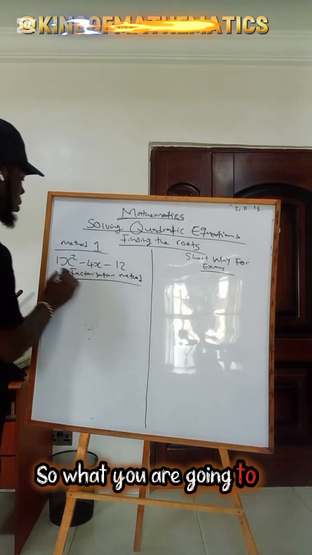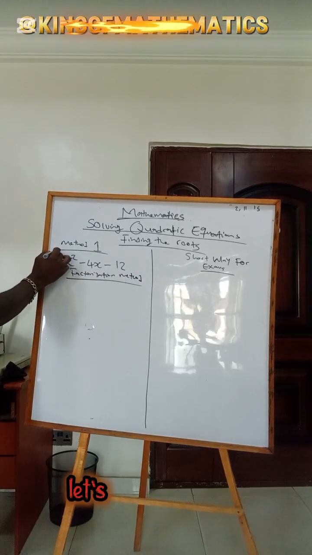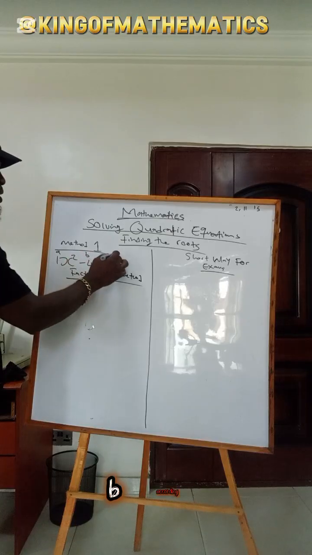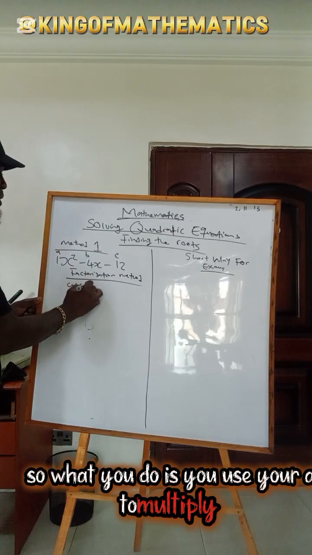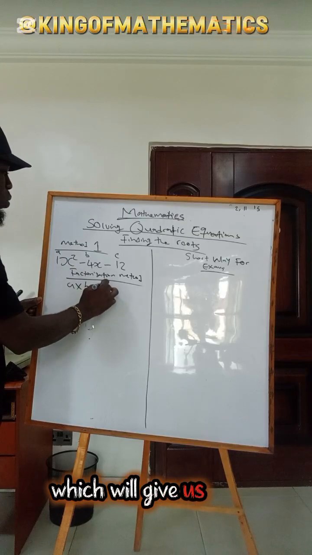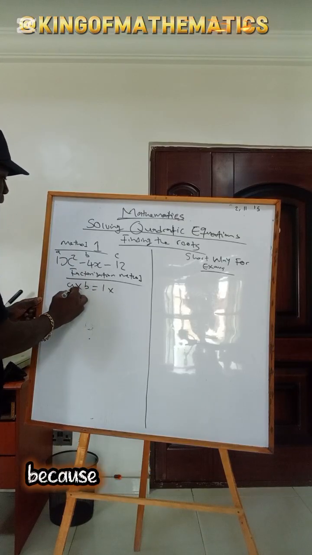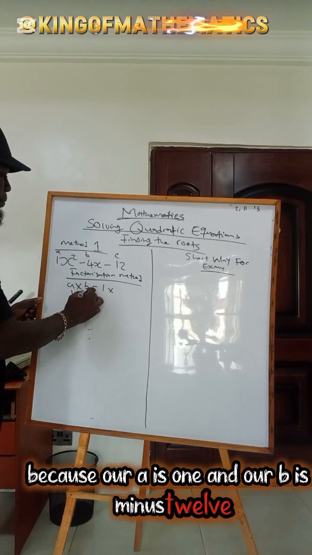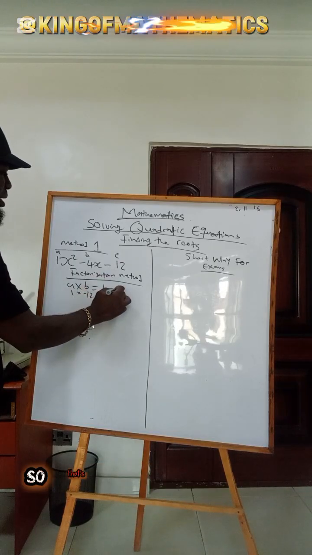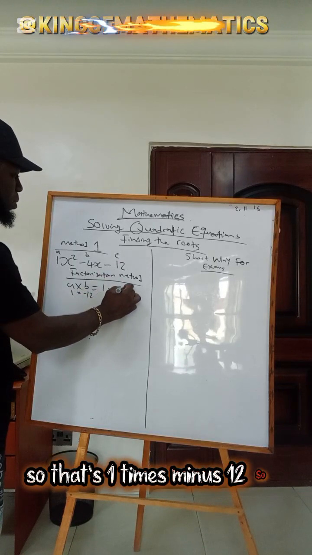What you are going to do is you take A, B, C, and you use your A to multiply C, which will give us 1 times minus 12, because our A is 1 and our C is minus 12.